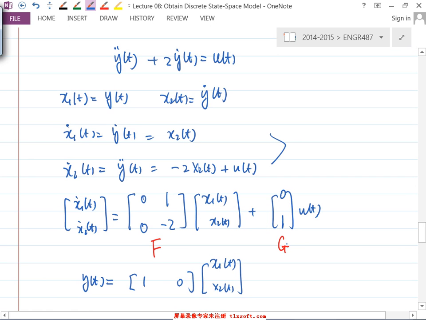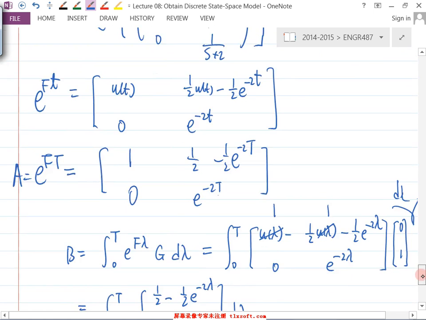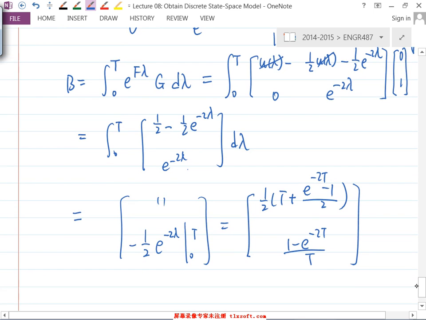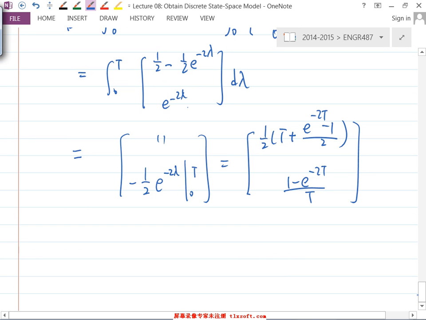This is probably by far the most computation involved, if we don't count one assignment question. I want you to verify these A and B values, and see if you get what I have in the lecture notes.